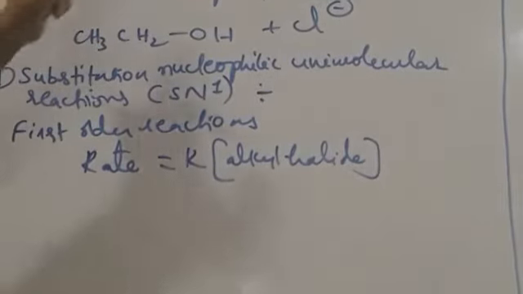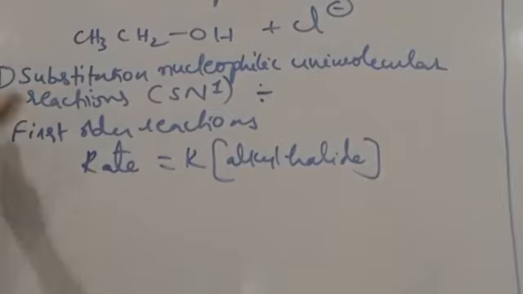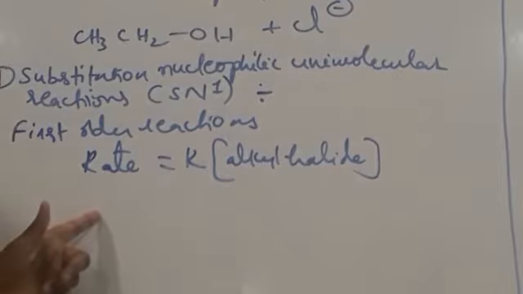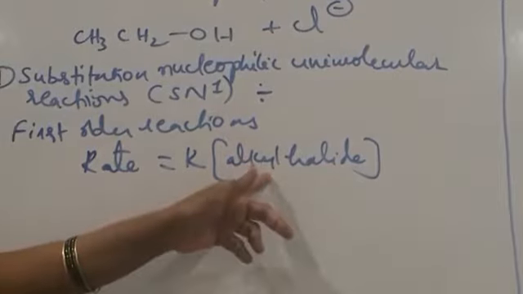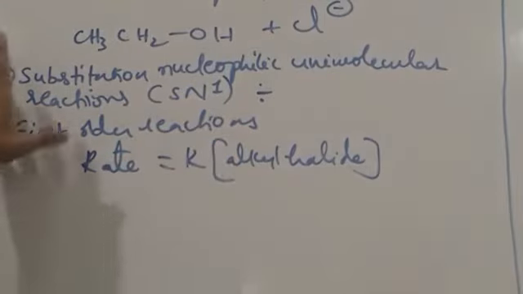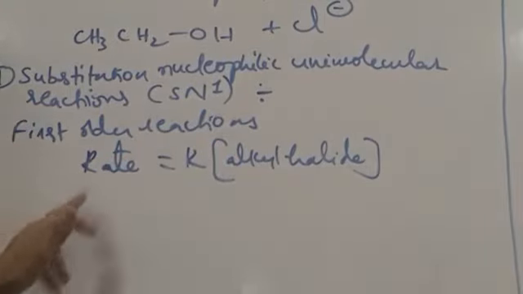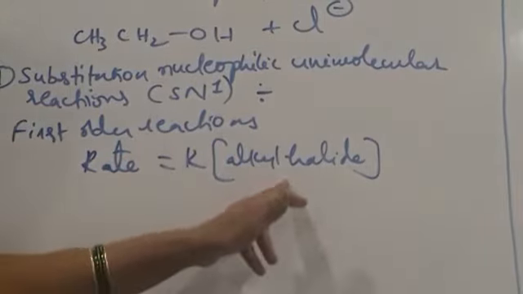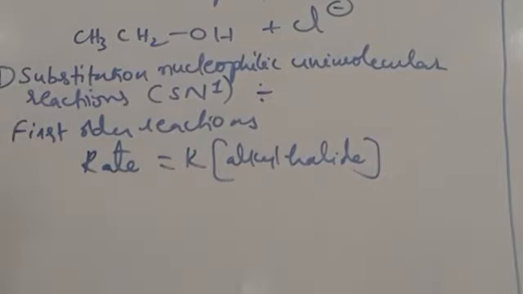Here two reactants are there. One is alkyl halide and another one is nucleophile. But in case of SN1 reactions, substitution nucleophilic unimolecular reactions, here the rate of the reaction depends upon the concentration of alkyl halide. So for this type of reactions we can write rate is equal to K into concentration of alkyl halide.